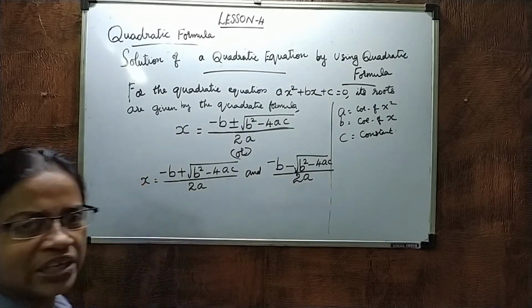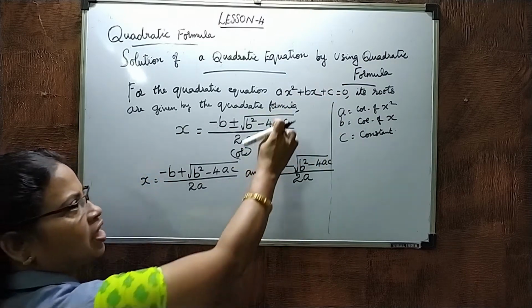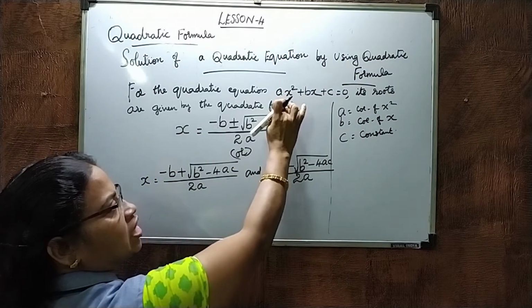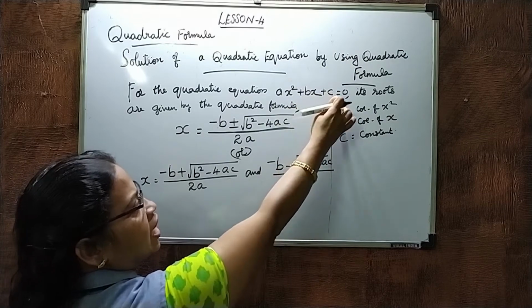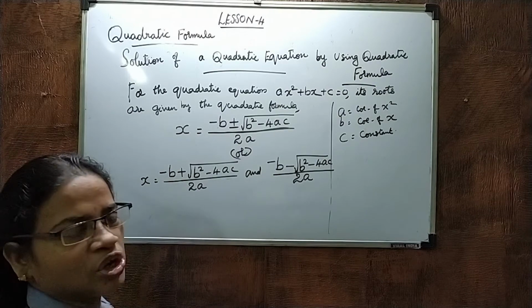What are a, b, c? From the equation, the coefficient of x² is a, the coefficient of x is b, and the constant term is c. Clear? Then one more thing you have to learn.